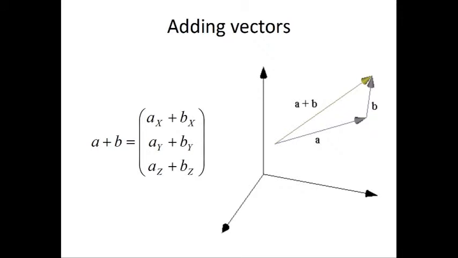This is easily possible, and the only thing that's done is you simply take the x coordinates and add them together, y coordinates and z coordinates, and graphically you can see on the right side that it looks basically like the vector that would begin where you start drawing A and end where you end drawing B, if you draw them in a line, basically starting B where A ends.